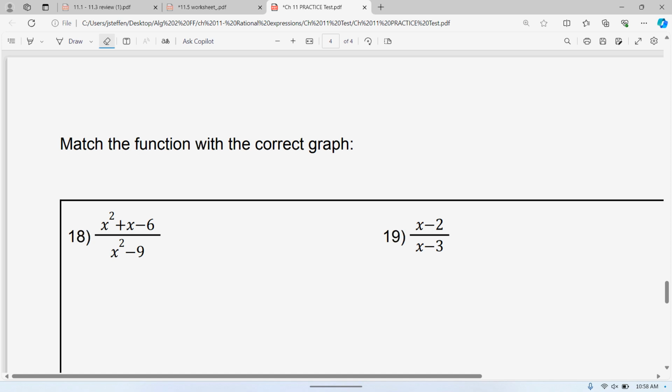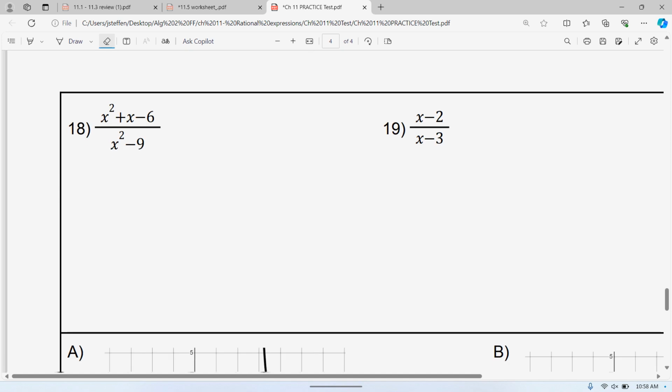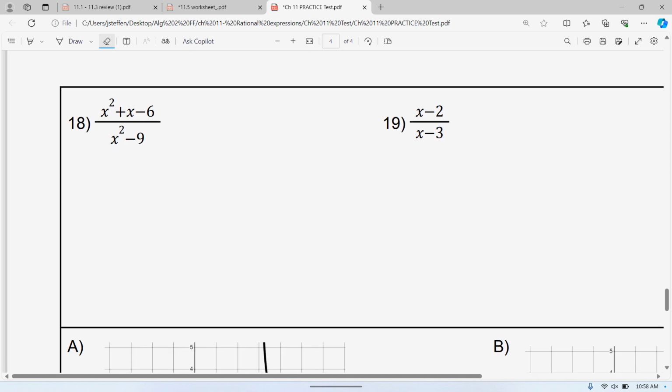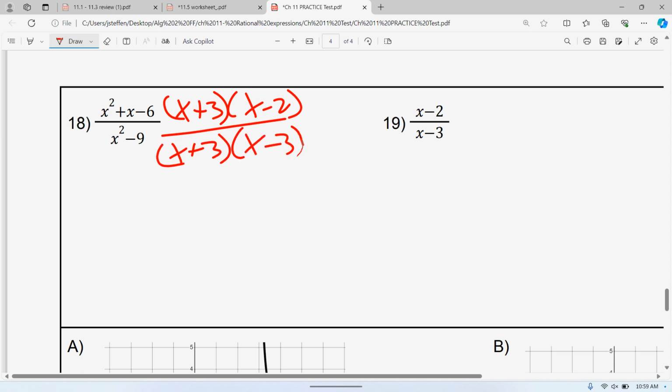This is x factors of negative 6 to add up to be 1, x plus 3, x minus 2, and 3 times minus 3. I know that's going to be a hole. Minus 2 over x minus 3.